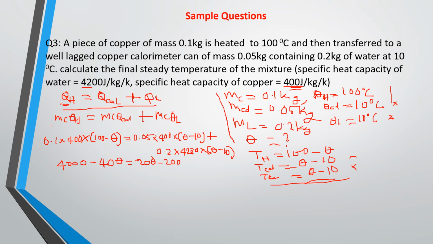Okay, plus 0.2 times 4,200 is equal to 840. So we have 840 theta, 840 times theta, then minus 8,400. That's 840 times 10 will give you 8,400.